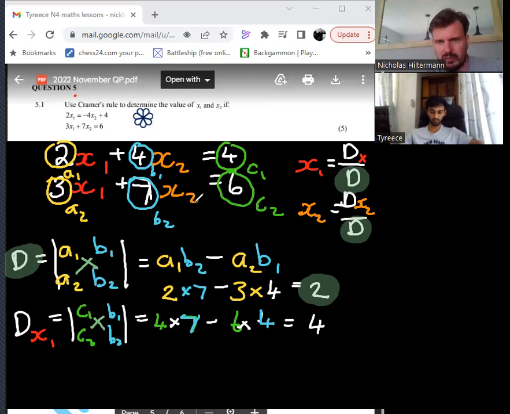So 12 minus 14 is minus 2. This would have been times by 3, which would give us 12, and this times by 2 would give us 0. Should get the x1 to be 0, that's weird. Double check that.